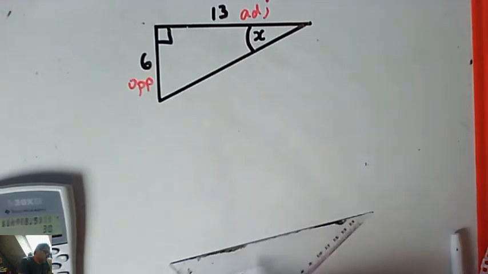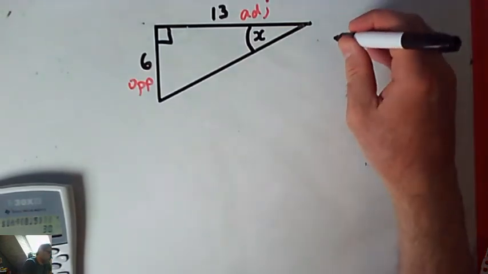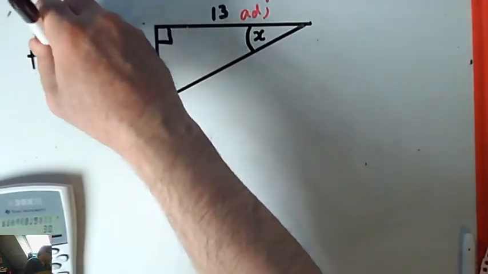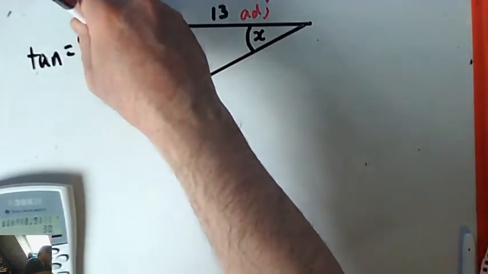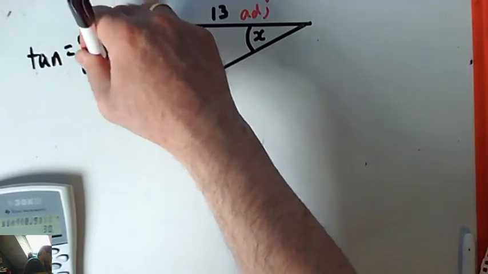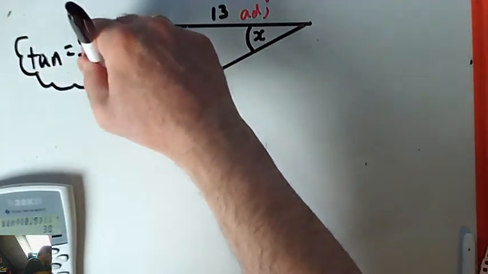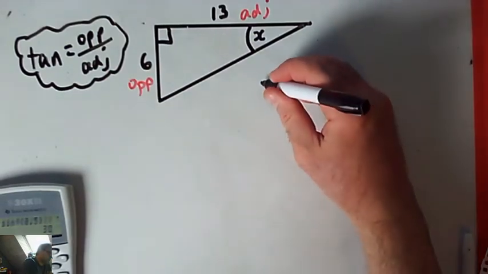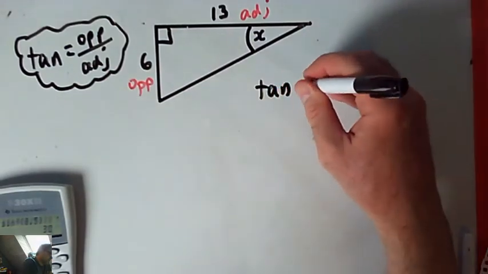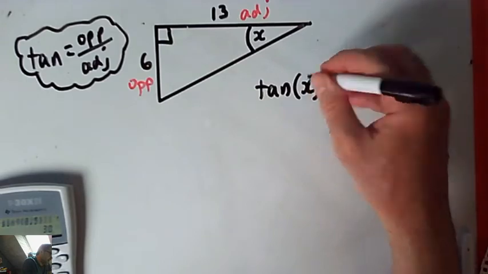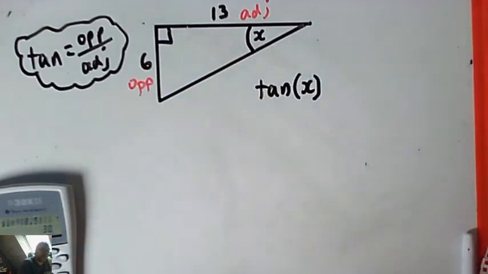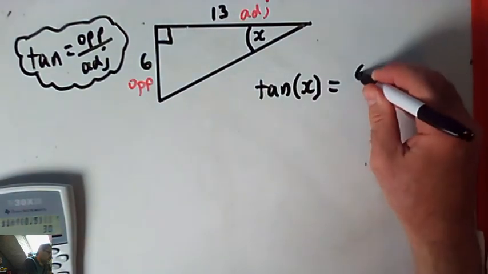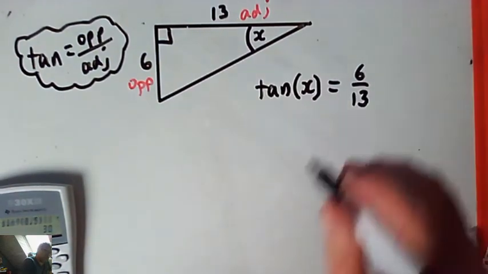So we've got a trigonometry problem that involves the opposite and the adjacent. So just to remind ourselves, tan is the trig ratio that involves opposite and adjacent. Tan equals opposite over adjacent. So in this particular case, the tan of x, the angle we're trying to find out, is equal to opposite over adjacent, 6 over 13.